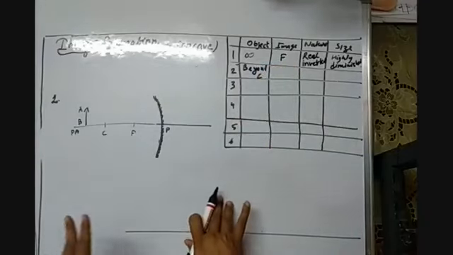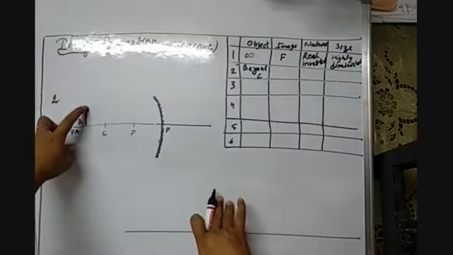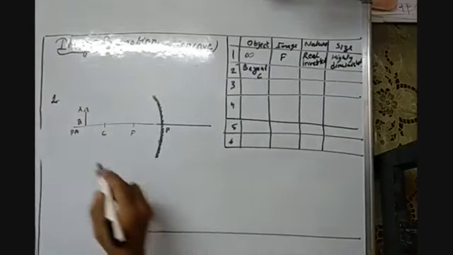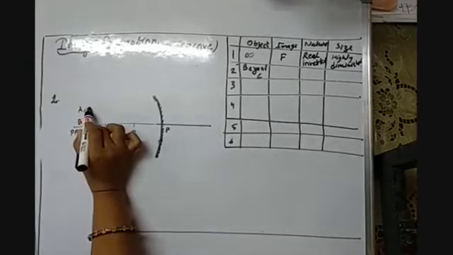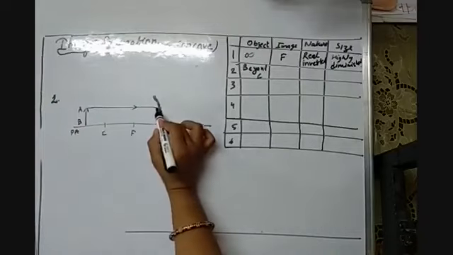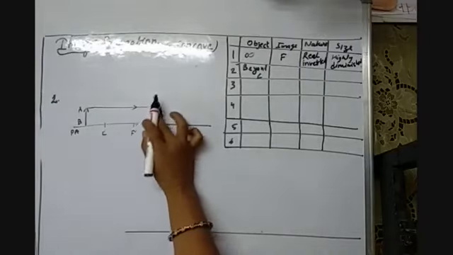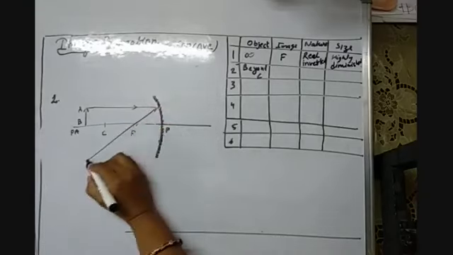Now again we have to choose two rules to form the image of this point of the object. The first rule that we can take is that incident rays parallel to the principal axis will pass through the focus of the spherical mirror.